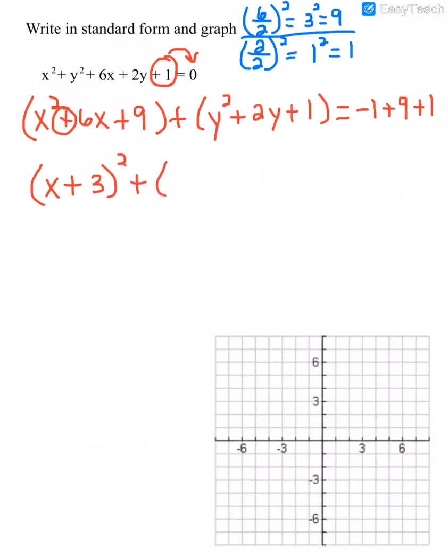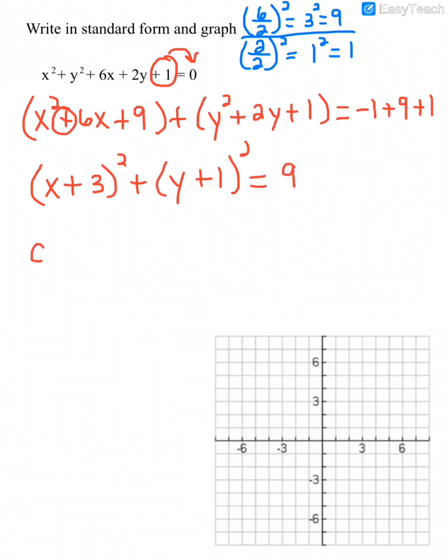Then for my y group, the square root of y squared is y, the square root of 1 is 1, in parentheses squared, and I use that first sign, which is plus. For the other side of the equation, if I combine those terms, the -1 and the +1 cancel out, and so all I have is 9.